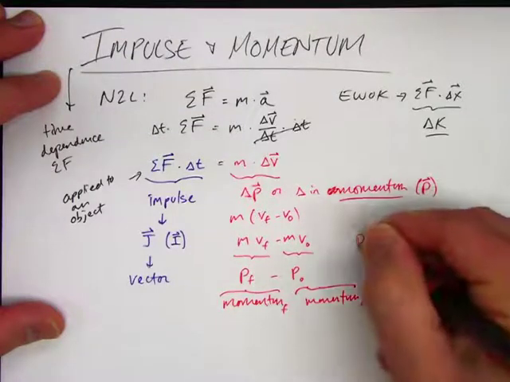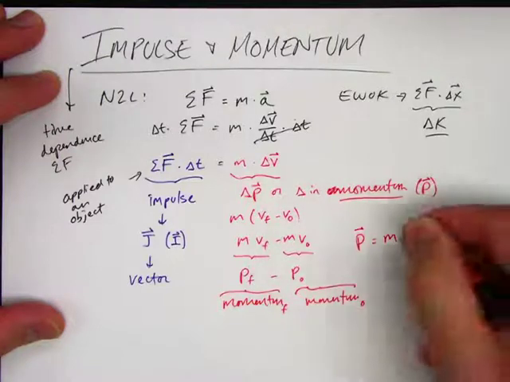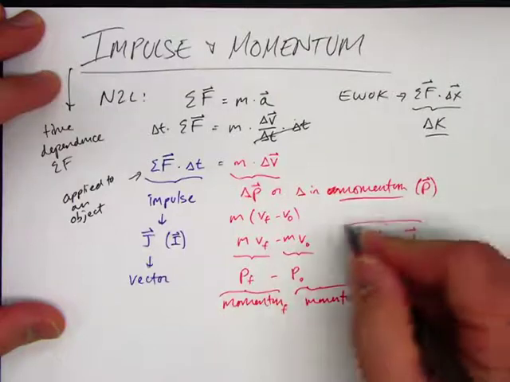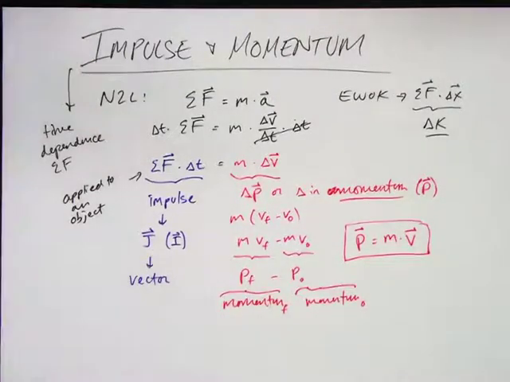So the momentum of an object is a vector quantity, and it's equal to the mass of that object times its velocity at any given point in time.